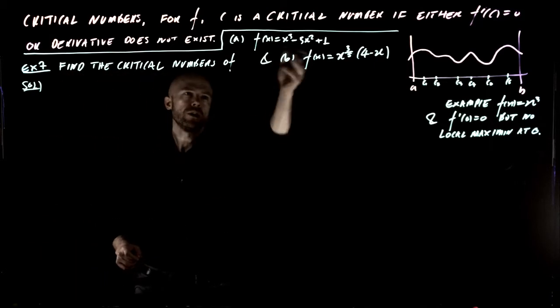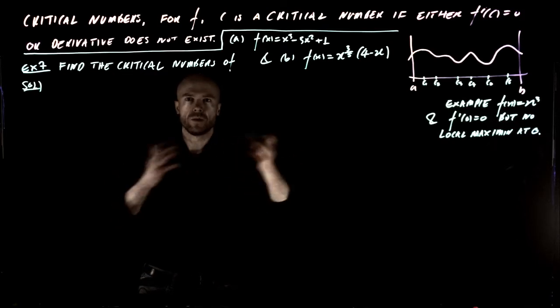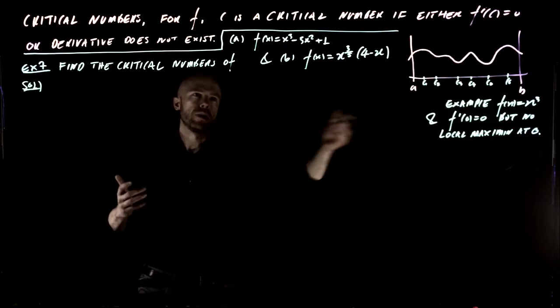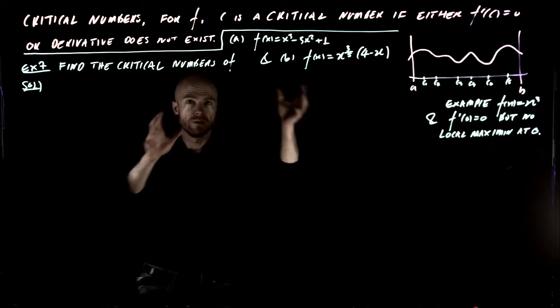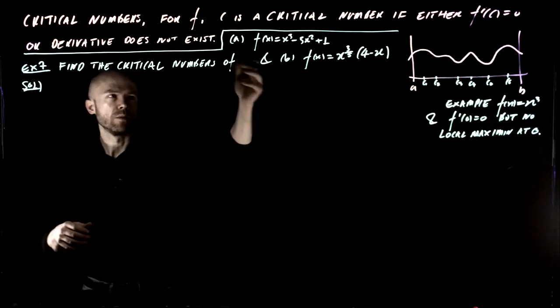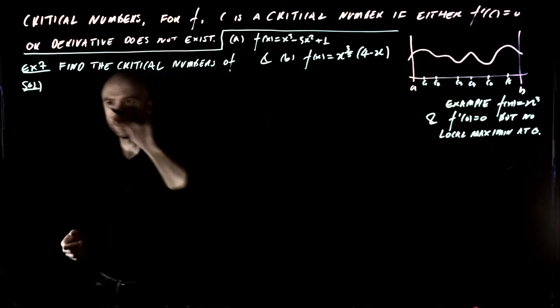Solution. So the first one is just a polynomial, so it's differentiable everywhere. So there's no issue about critical numbers that are non-differentiable. The only ones that we can find for this function will be where the derivative is 0. So we just calculate the derivative.